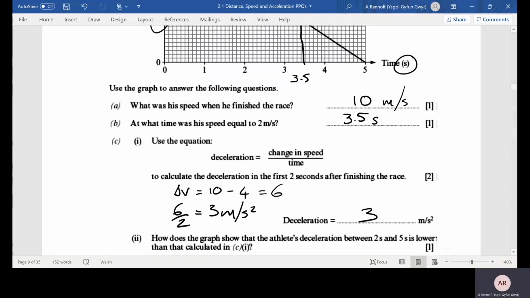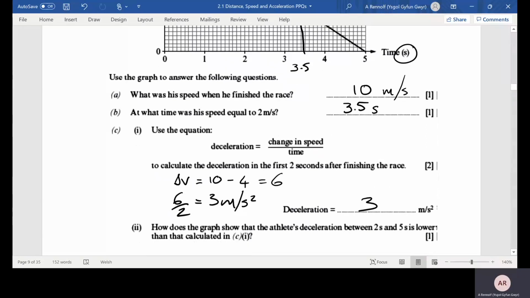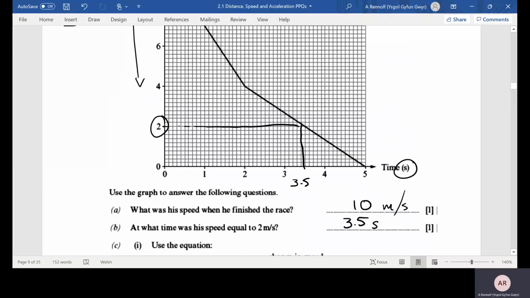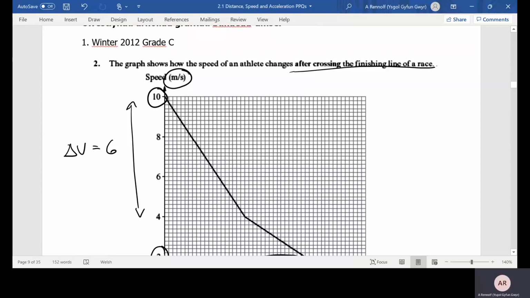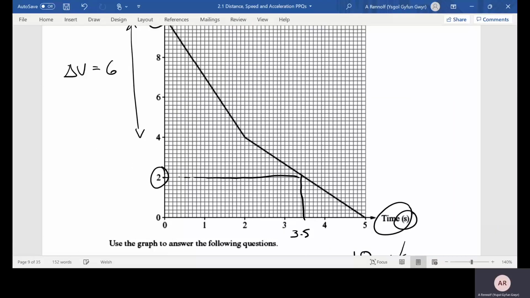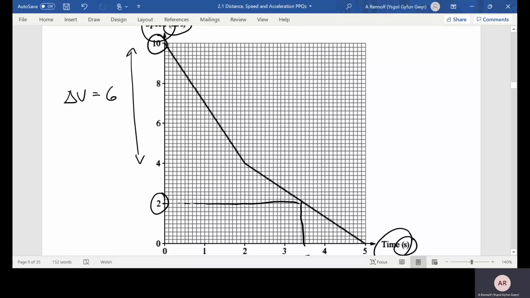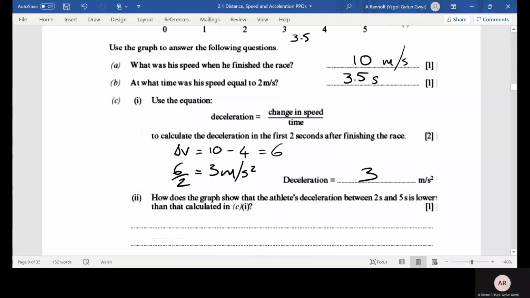How does the graph show that the athlete's deceleration between 2 and 5 seconds is lower than that calculated in C1? Well, we need to remember here that for a speed time graph, our acceleration is shown by the gradient of the graph. And the second part of that race, from 2 seconds to 5 seconds, which is this bit, is less steep than our first part.